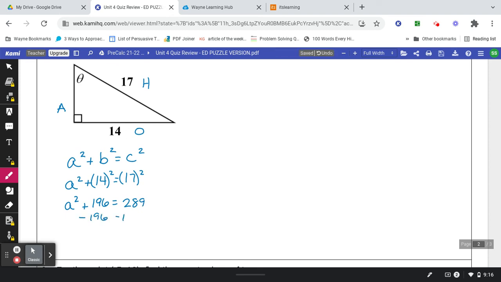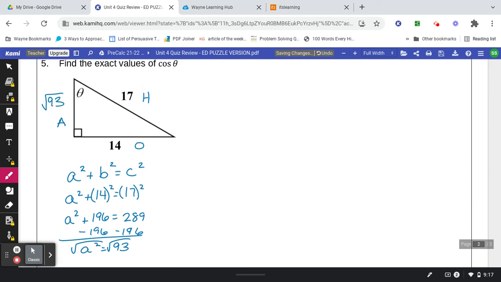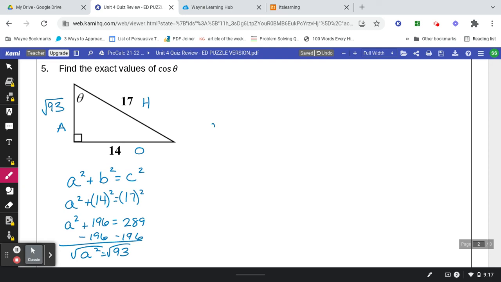Subtract 196. Gets 93, and then we square root it. Thankfully, we don't have to simplify this square root, so we'll just leave it as the square root of 93. Then our answer for cosine. Cosine is A over H.